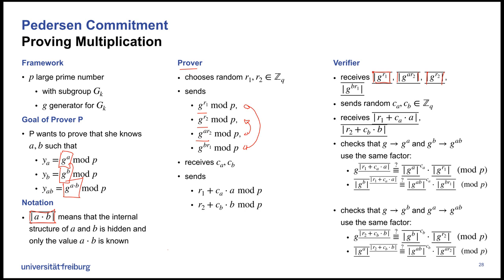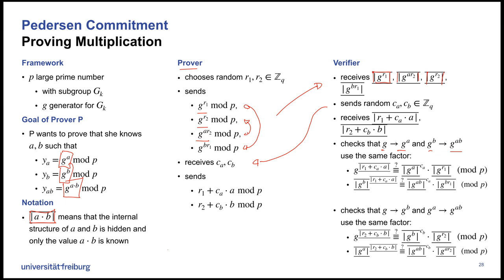Okay, so from the verifier side, in this Schnorr-like protocol, we get this information. Then we get two challenges, and the two challenges are related to two things. One is for the multiplication with A, and the other one is for the multiplication with B. What we first do is we want to check that g is somehow multiplied to g to the a, and g to the b is somehow multiplied to g to the ab, but this is the same factor.